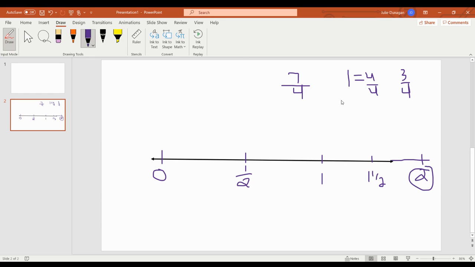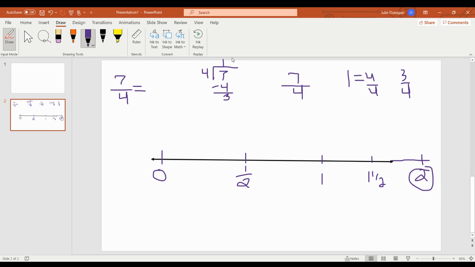Okay, the other way we could do this is say 7/4 and convert that to a mixed number, because this isn't going to be easy for me to do in my head. We know 7/4 is the same as 7 divided by 4. So we know 4 goes into 7 one time. Subtract the 4 from there. Gives us the 3.